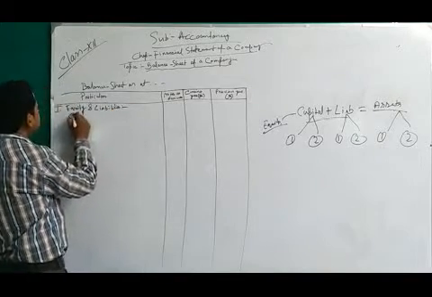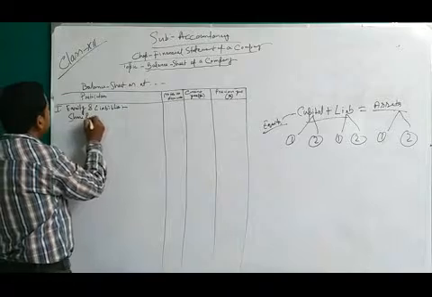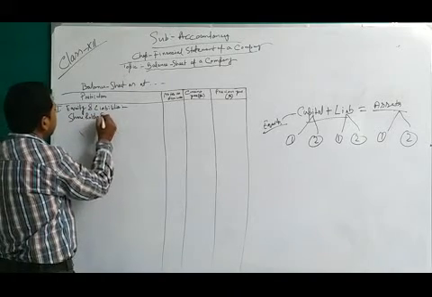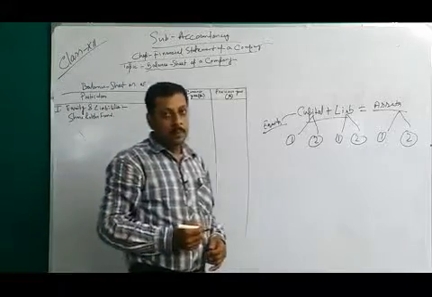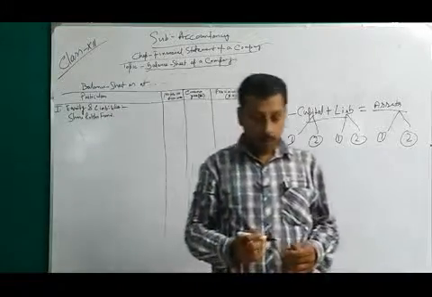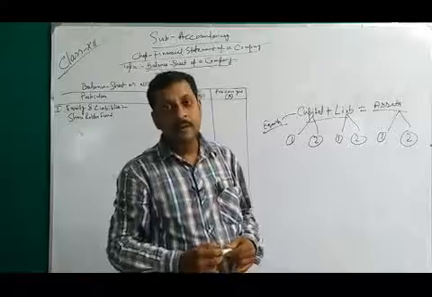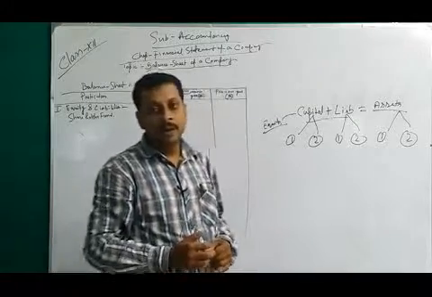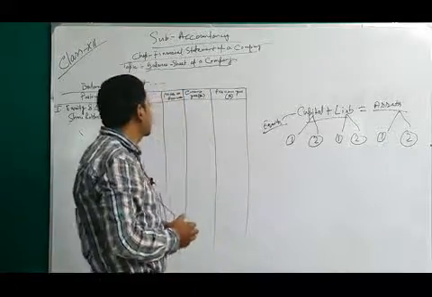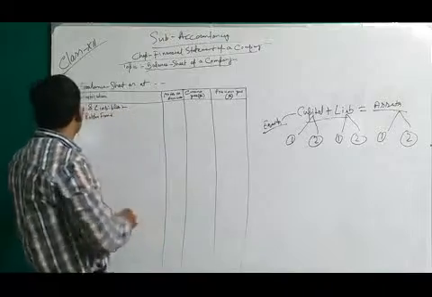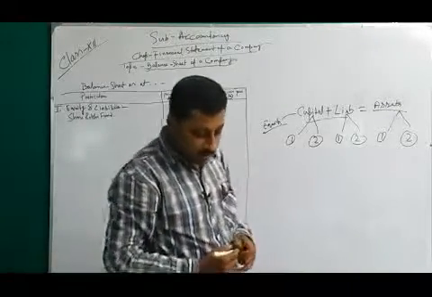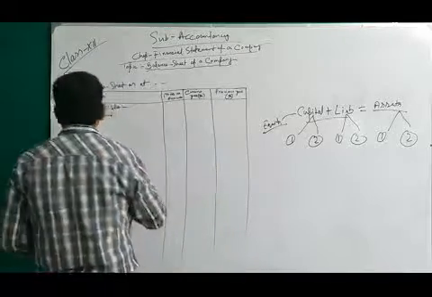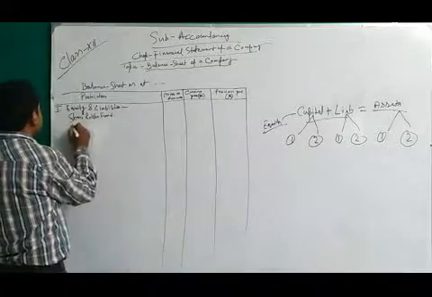Under that there is shareholders' fund. Shareholders' fund means, in the case of a company the owner is the shareholder. Who are the shareholders? They invested their money in shares of a company and they are called shareholders of this company. Under shareholders there is the subheading share capital.